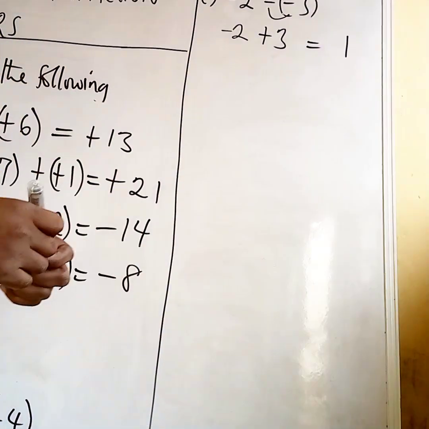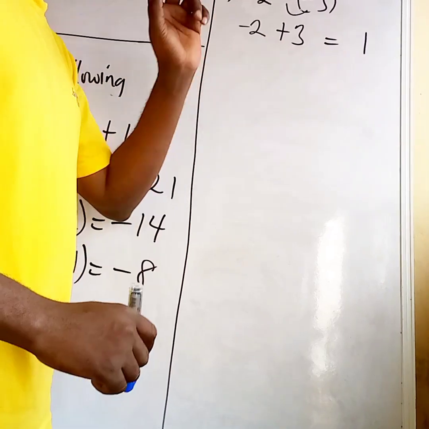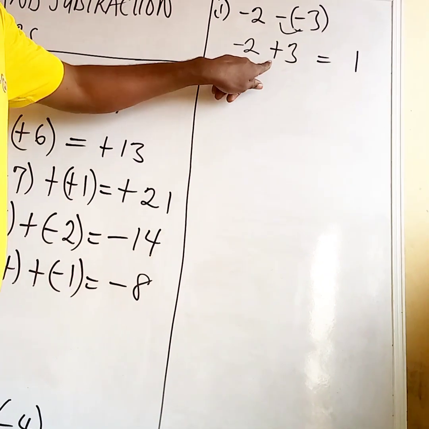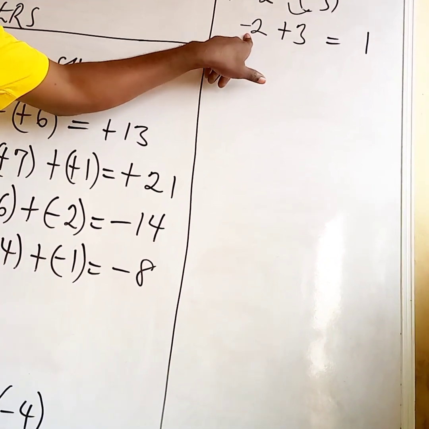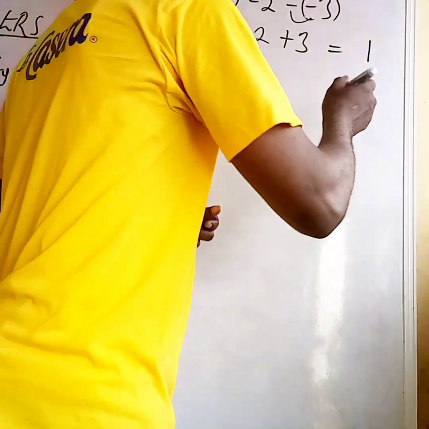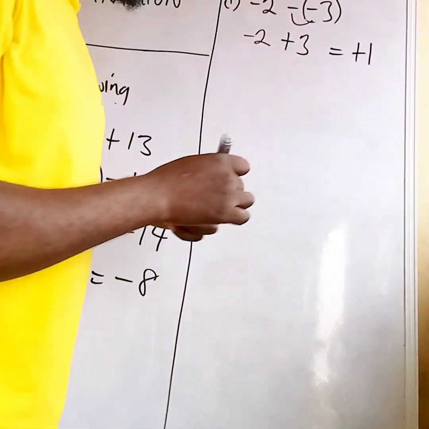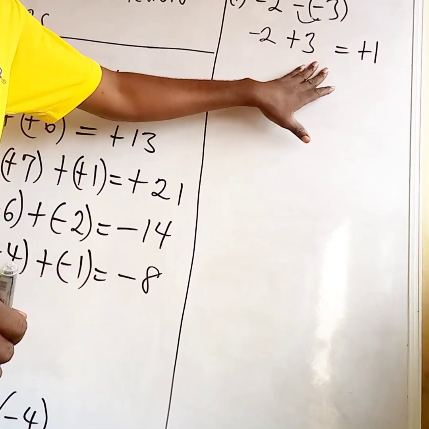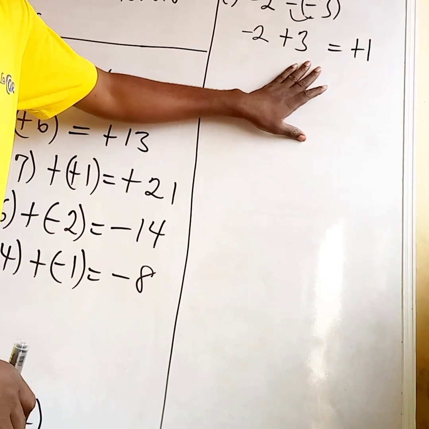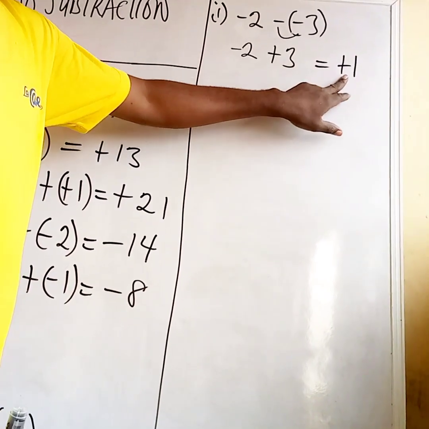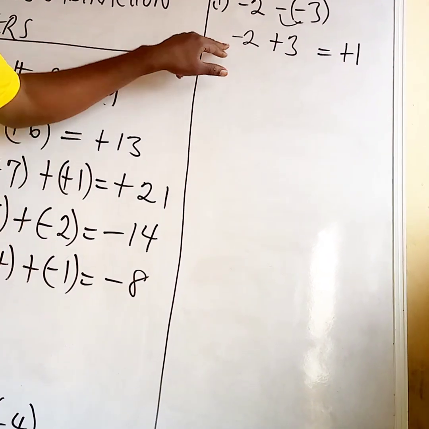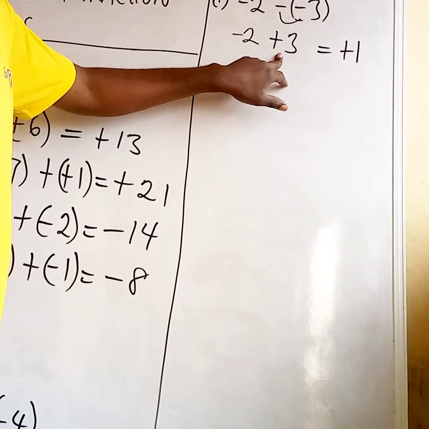But now, another thing is: is it positive 1 or negative 1? You can see that the positive number is bigger than the negative number. Definitely your answer will be positive. If the negative number is more than the positive one, your answer will be negative. So here, this is -2, this is +3.